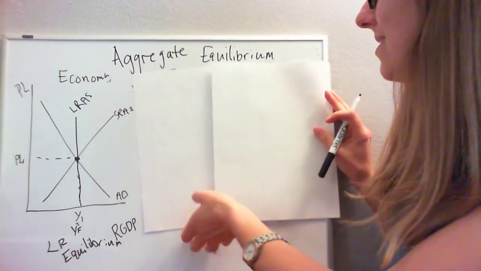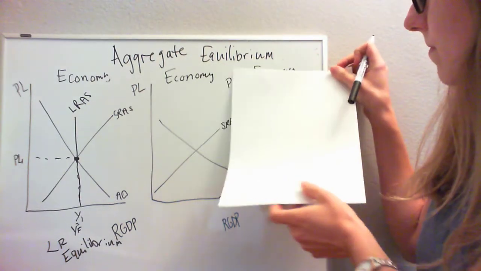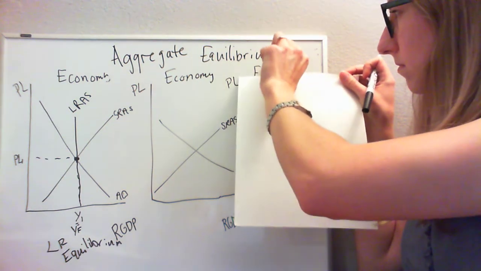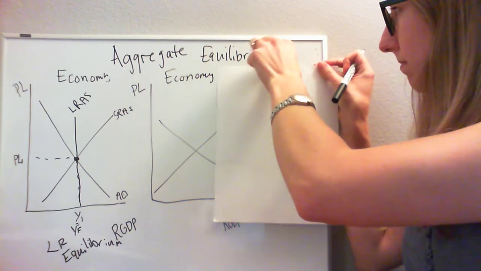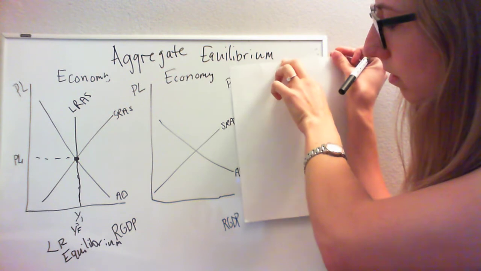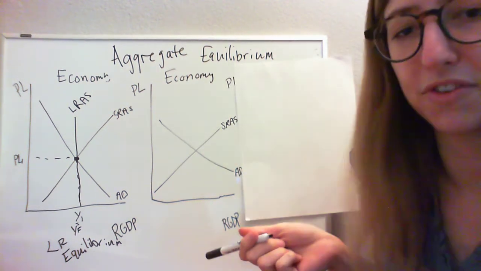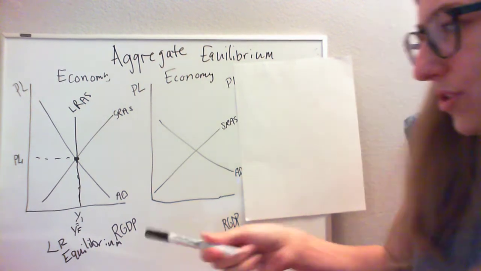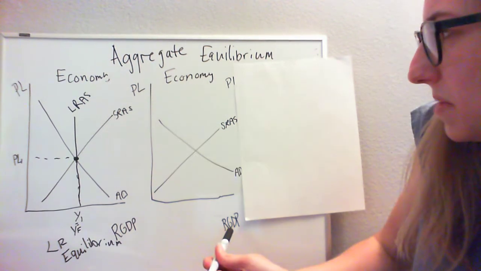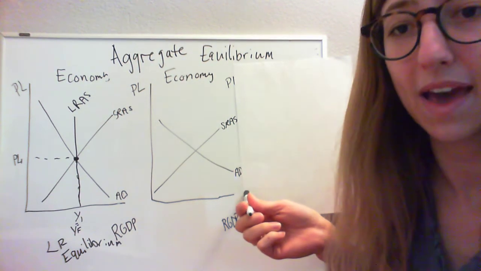All right, so second thing. On the second graph you're going to draw, I would put this in your notes below the first graph you drew. You're going to want to draw these big enough that you can see what's going on pretty easily. Again: price level, real GDP, title it economy, upward sloping short-run aggregate supply, downward sloping aggregate demand.